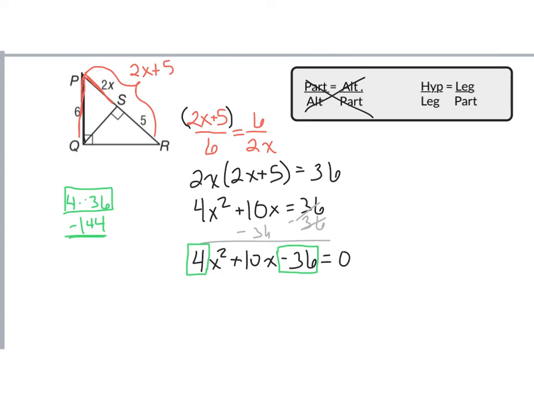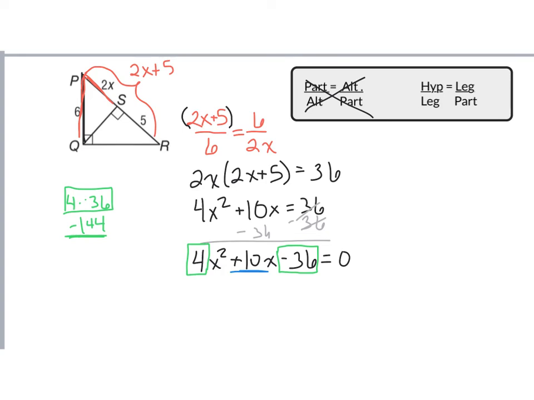So that's what I need to find factors of that make negative 144. As I go through, I'm going to be looking for the one that gives me my positive 10x, and since I need a negative 144, I know I'm going to end up subtracting. So once I see two numbers that when I subtract them, I get a 10, that's when I'm going to stop.